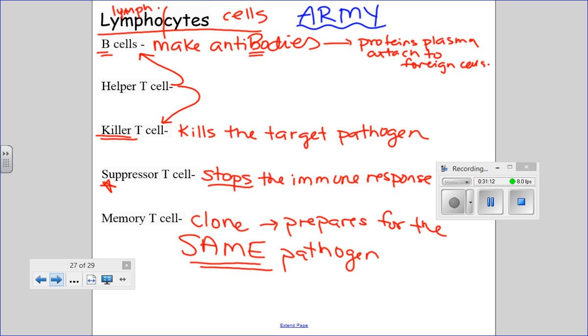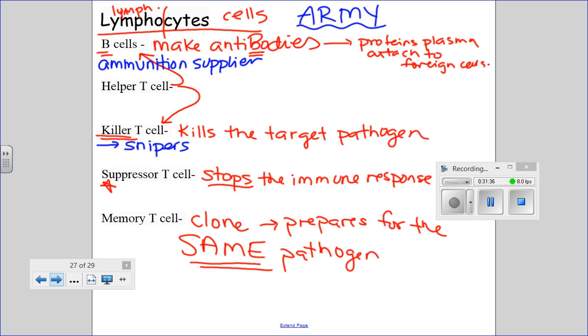We would call the killer T cells, let's say, the snipers, the ones who are accurately killing the enemy. The B cells would be the ammunition supplier, whoever is making the ammunition and providing it to the army.